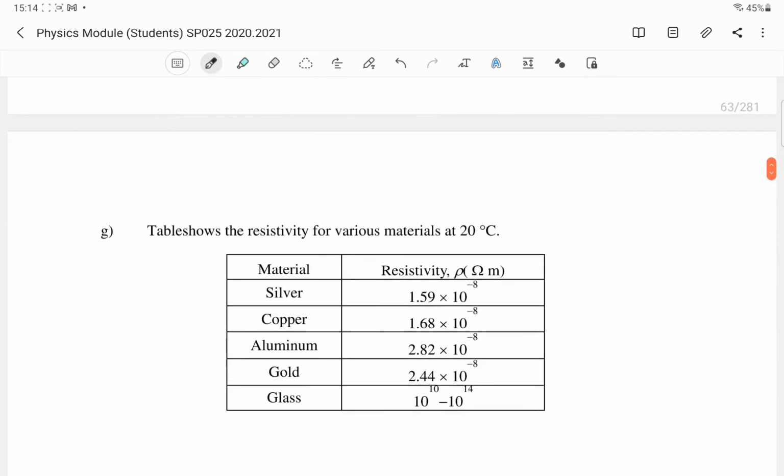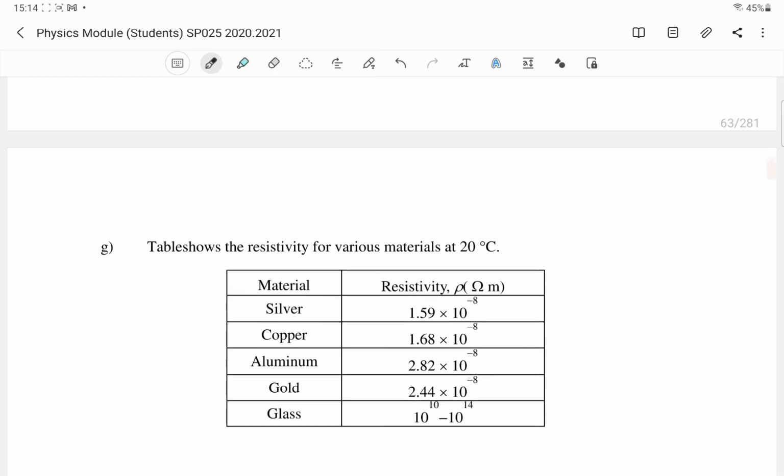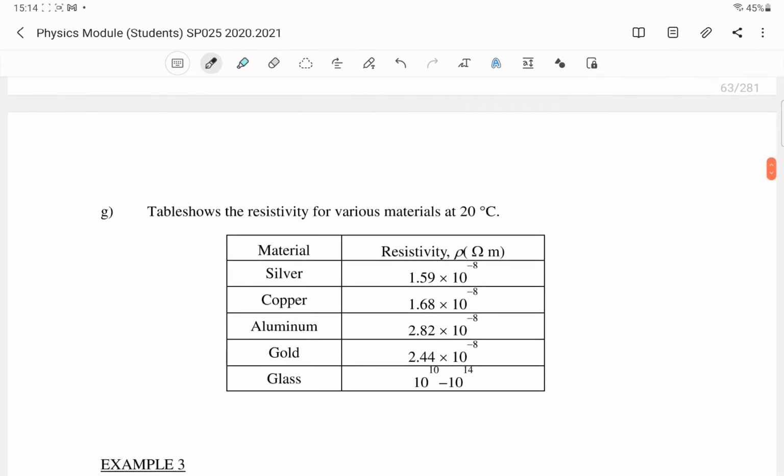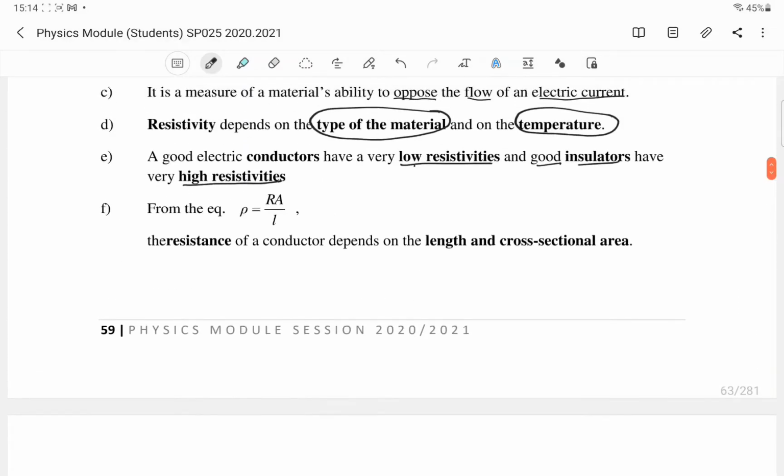Here, which one is very high? Okay, kita nak tengok kat sini, kita ada aluminium. Aluminium is 2.82 times 10 power of negative 8. Kita ada silver 1.59, copper 1.68, and gold 2.44.